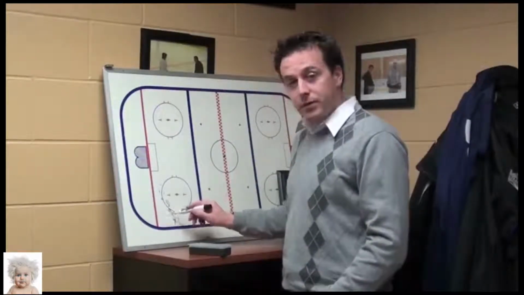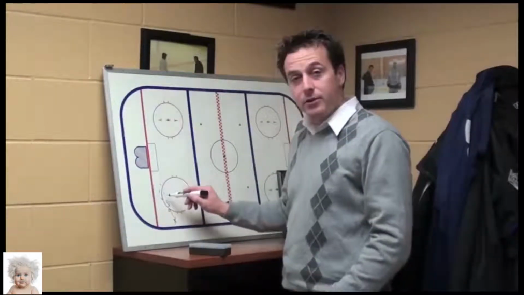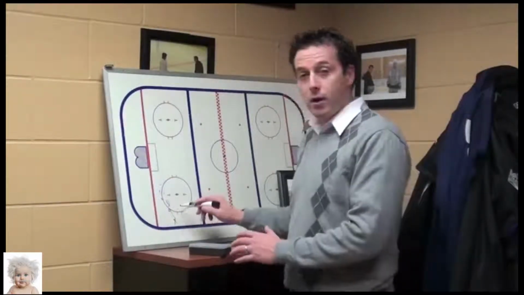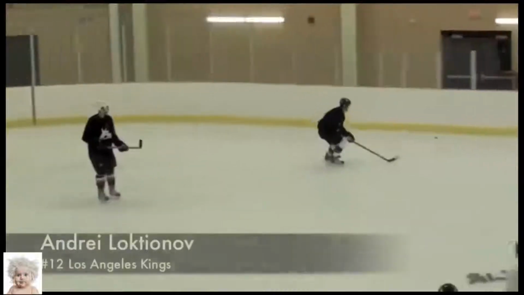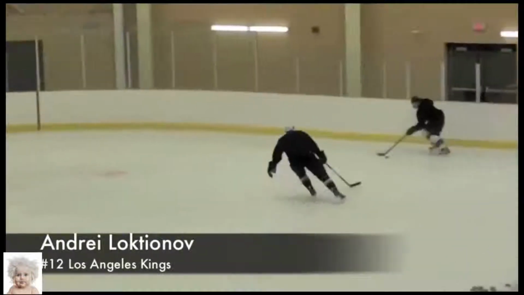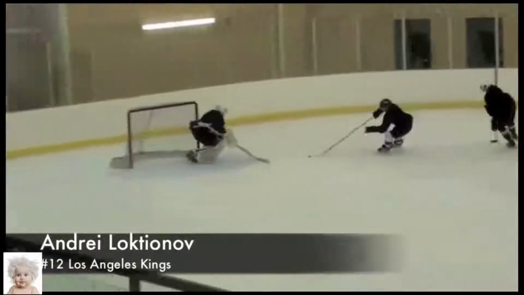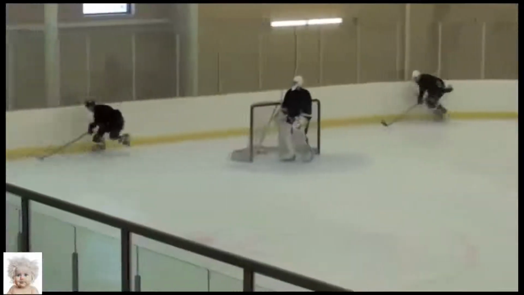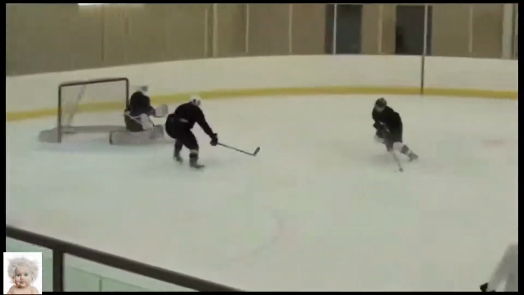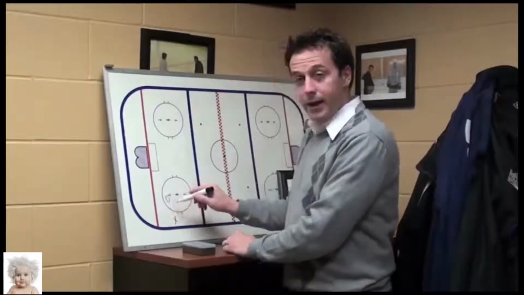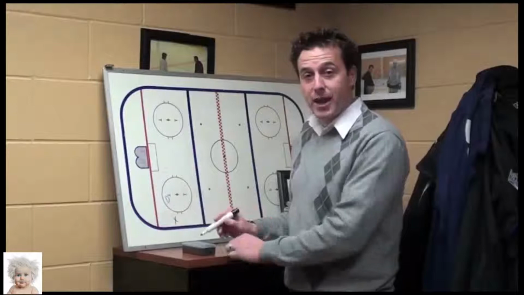So instead of attacking the defenseman directly, we want to manipulate the defenseman by using fakes and some level of deception. Try to pull him in one way or the other to give ourselves more of an angle to get to the net. The way you would do that is you try to get this defenseman to turn his skates.